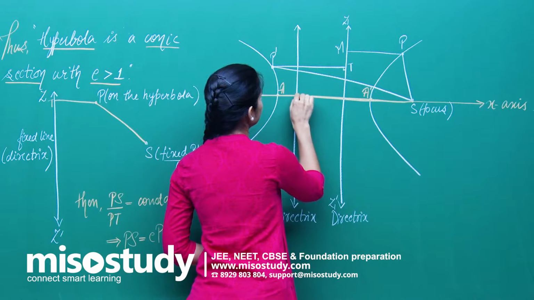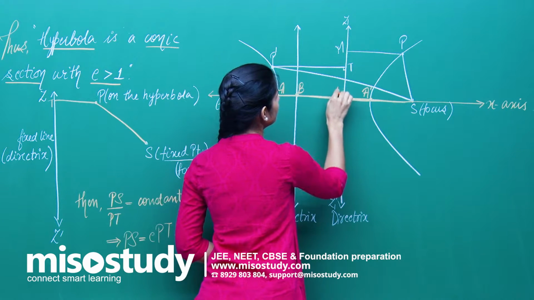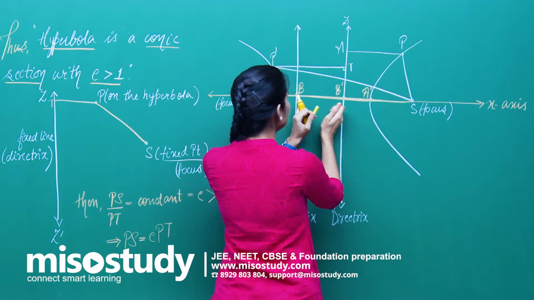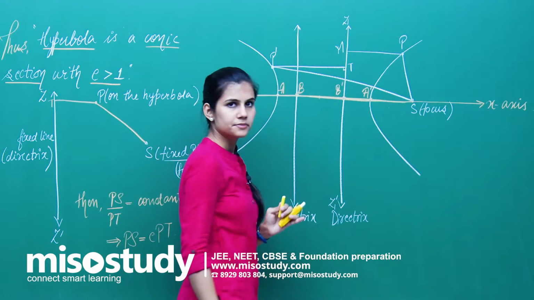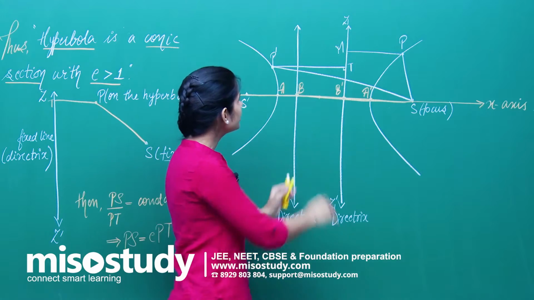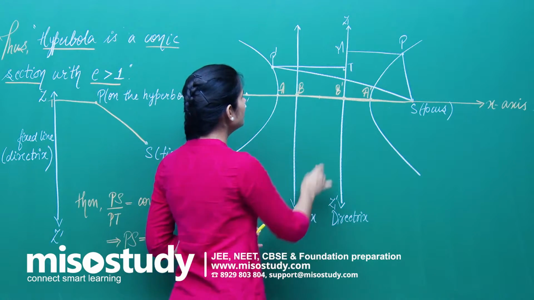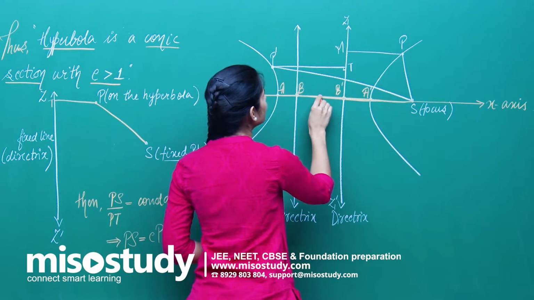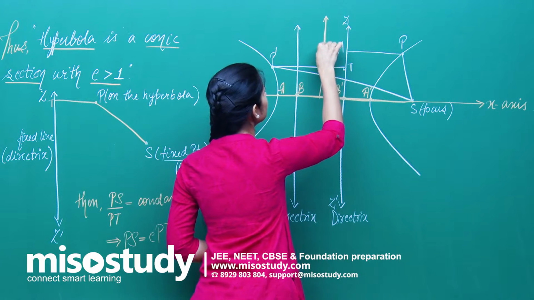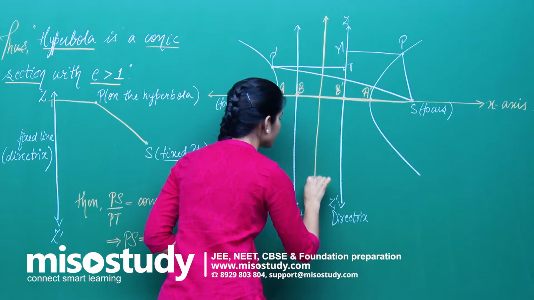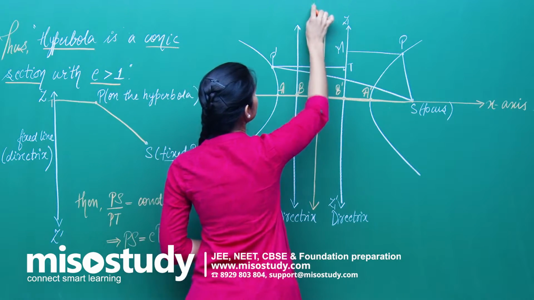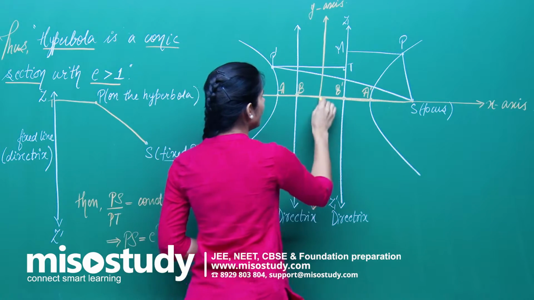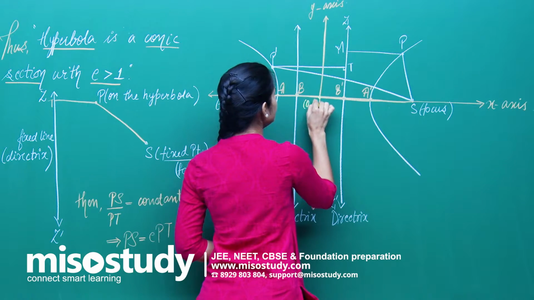Or if you want, you can keep this as B, this as B dash. In this case, if I talk about these two points, the midpoint of this would be somewhere here. Draw a line perpendicular to the x-axis, bisecting A A dash, both ways. This is your y-axis. Understanding? And this point obviously is going to then be the origin.